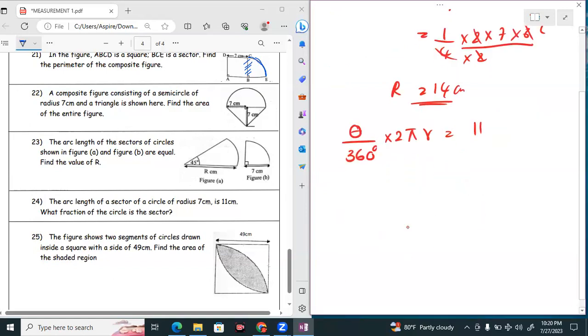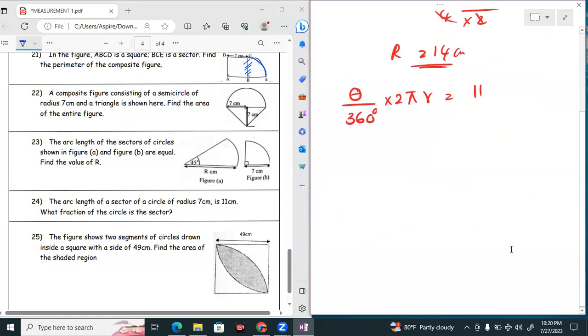Okay. Then theta upon 360, we have to find it. That's what they asked to find, the fraction. Then 2 into 22 upon 7 into R, which is 7, is 11.